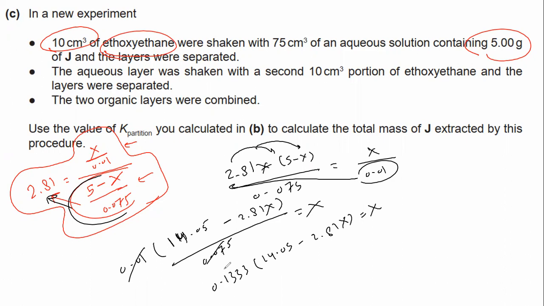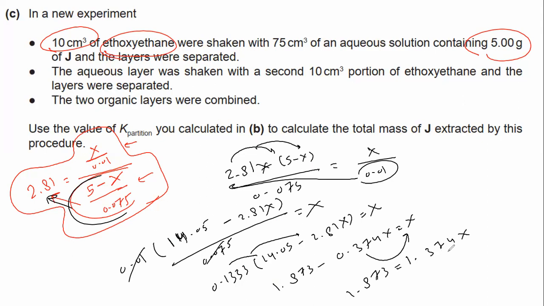Okay. Now multiply this by this one and this one. You get 1.873 minus 0.374 X equal X. We will take this one to this part. So 1.873 equal to 1.374 X. X in this scenario, guys, is 1.36 gram.